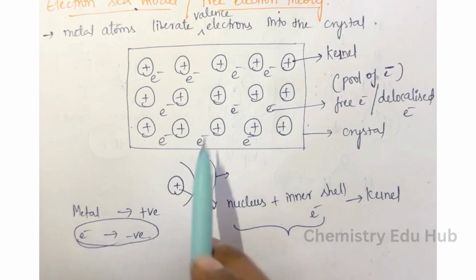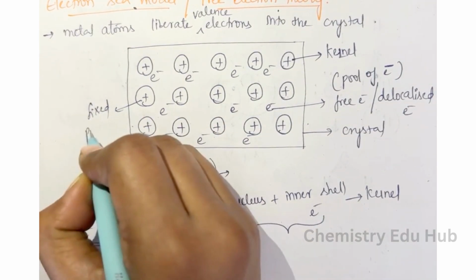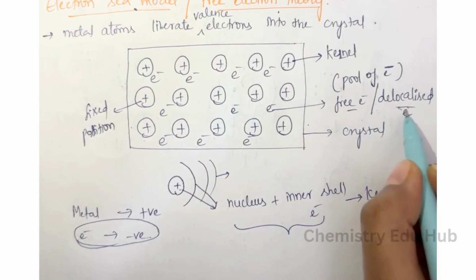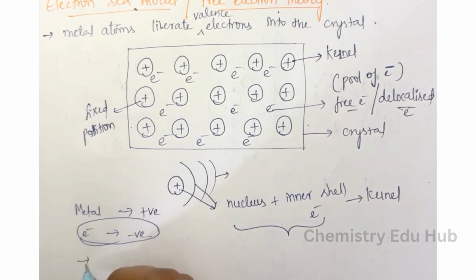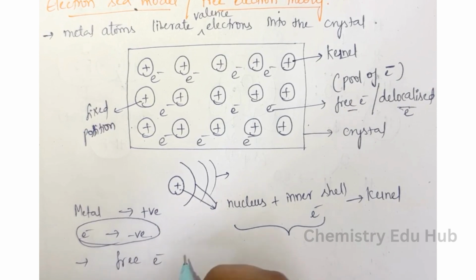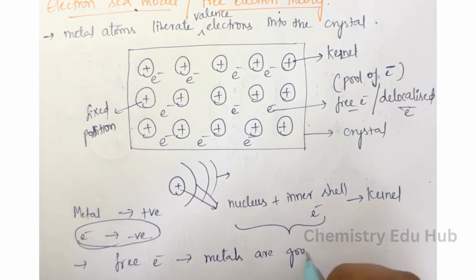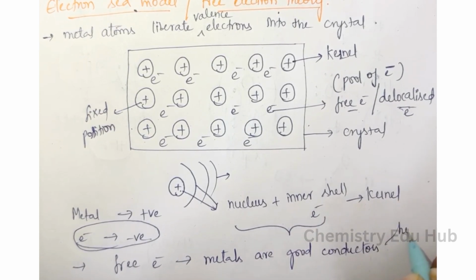So the cations are considered to be in the fixed position. They do not move, but the electrons will move from one part to the other, which are delocalized. And because of the presence of free electrons, the metals are good conductors of both heat and electricity.